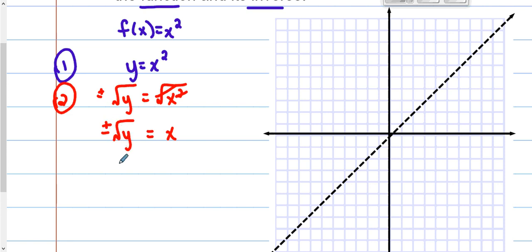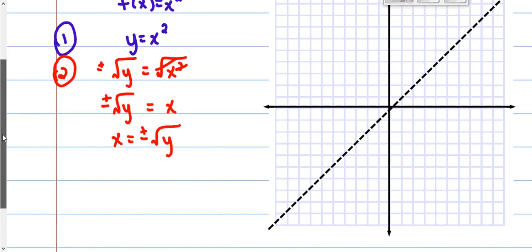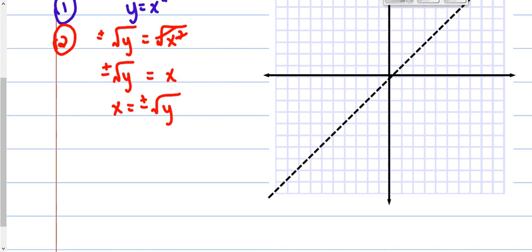Let's flip that over and get x equals plus or minus the square root of y. Now, one thing that you need to pay very close attention to is that plus or minus right there, and we will take care of that at the very end, and we'll go back to what it says in the beginning of the problem. Let's go on and find our function.